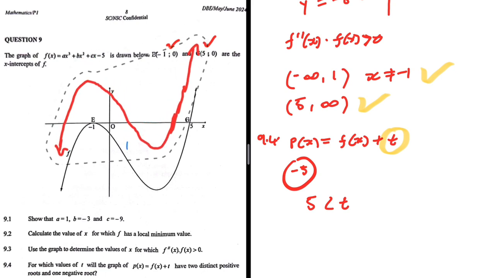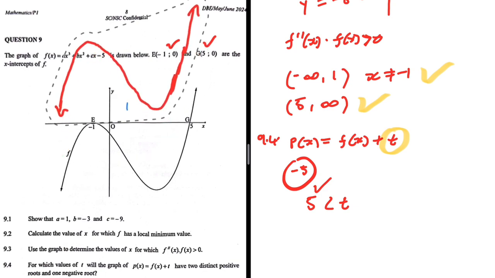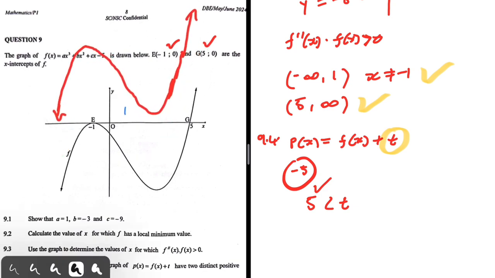So we need to shift it by at least 5 units, but not more than the distance from this minimum to the x-axis. So we need to find the y value of that minimum, because if we shift it more than those units, then issues are going to arise.